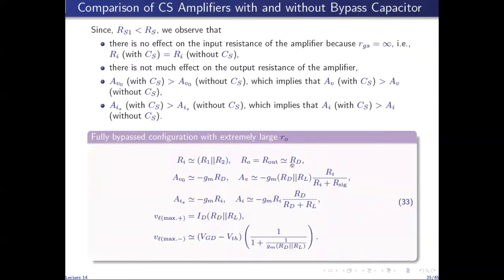They are not affected by the bypass capacitor much. The voltage gain as well as the current gain increases. Positive swing remains the same. Negative swing is changed. We don't have RS anymore. RS has been replaced with 0 because for the fully bypassed configuration, the AC resistance in the source branch is 0.